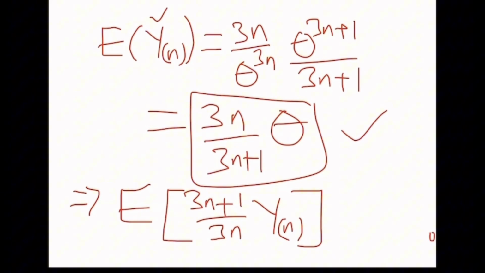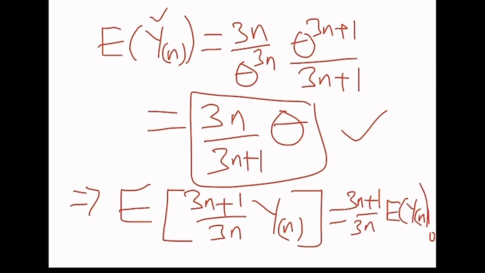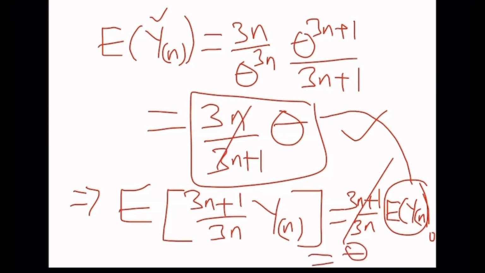The expectation of this is going to be (3n plus 1) over 3n times the expectation of yn, and of course this is this. If I plug that in, you're going to see that this is going to cancel that, and we're going to have theta, which means the estimator is unbiased.